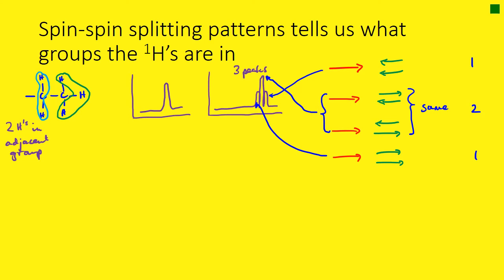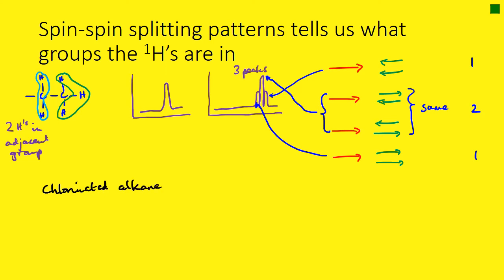So we'll just go over that again with a simple example. I've got a complicated example in a separate video, but with this simple example, let's say we've got a spectrum for a chlorinated alkane.